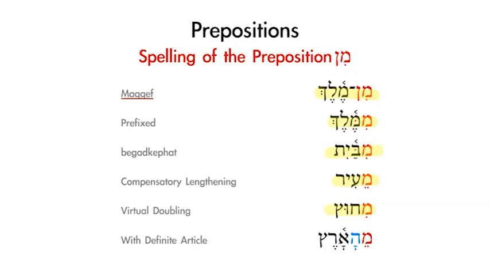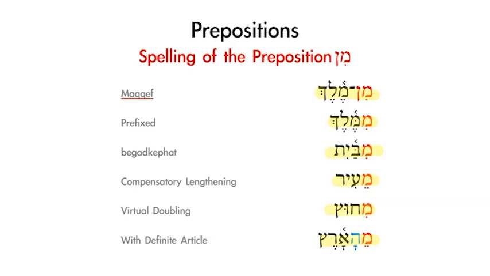And finally, it's important to observe in our sixth example that the preposition min, when prefixed to its object, does not displace the hey of the definite article. It's a completely different environment. That noon has attempted to assimilate into the hey of the definite article, but it can't, and so it won't displace it. But that hey rejects the dagesh forte of the noon, and you get the sere spelling of the e-class vowel because of compensatory lengthening. So those are the 6 different spelling options for the makef preposition min.